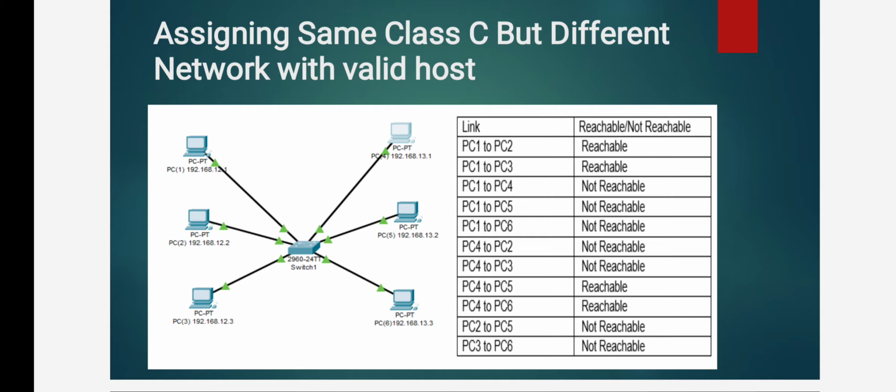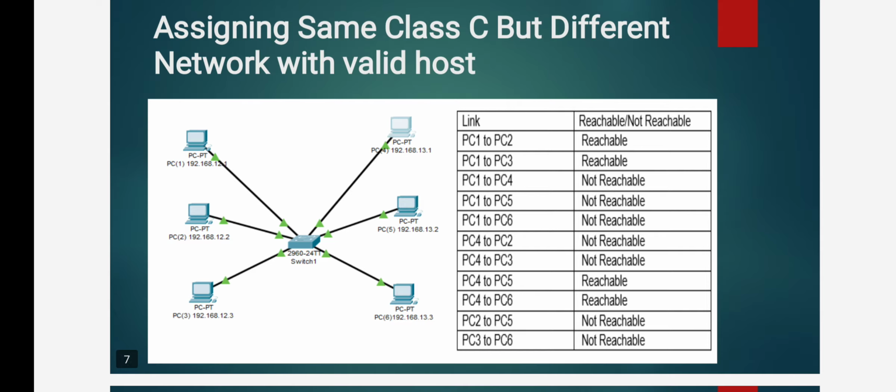Because the network part of PC1 is 192.168.12, and the network part of PC4 is 192.168.13. So the answer is not reachable.